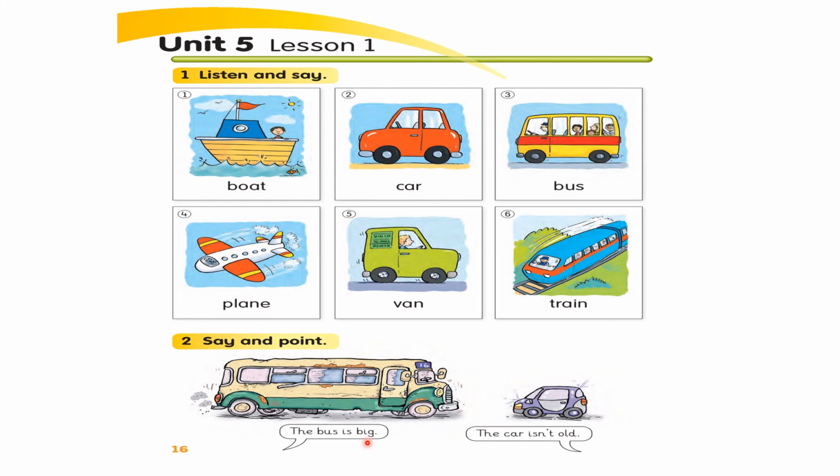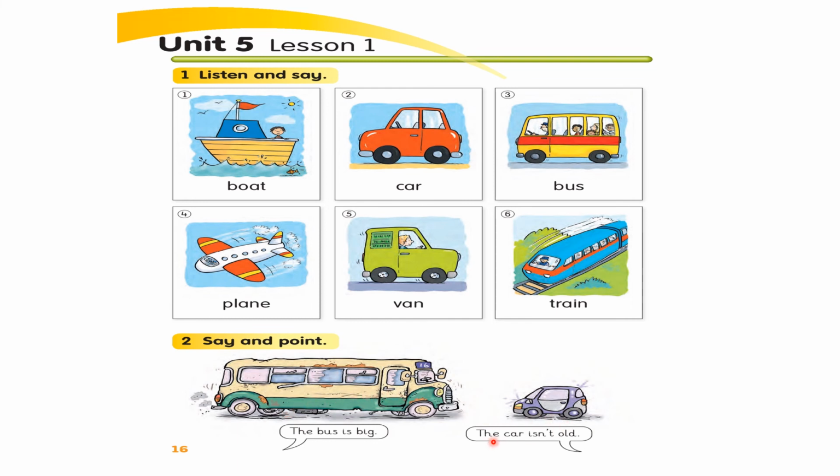What else can we say? Yes, very good. We can say the bus is old. The bus isn't new. It's not new. So we say isn't new. The bus isn't new. It's old.